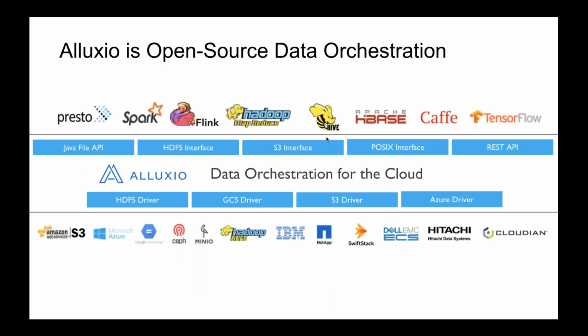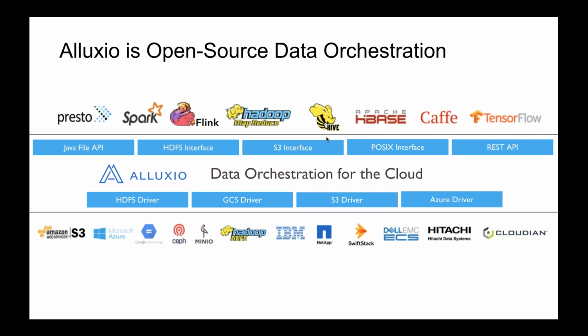Regarding what Alluxio is, we call it a data orchestration layer. In this data stack, we have the computation on top and the storage on the bottom, and the data orchestration layer in the middle. It provides several benefits to the data ecosystem. By providing a data abstraction, we can use the different popular data APIs, including the Java File System API, the HDFS API, the S3 API, POSIX, or some other REST APIs.